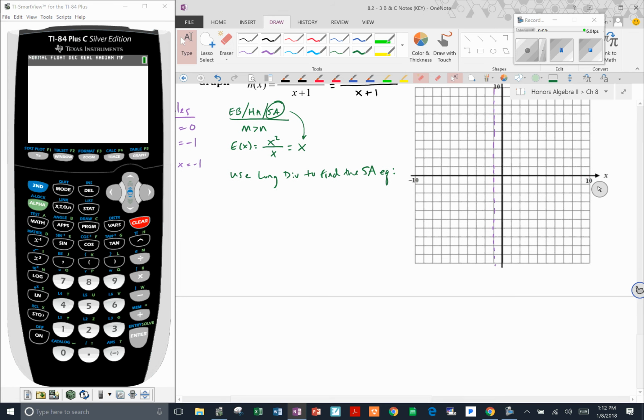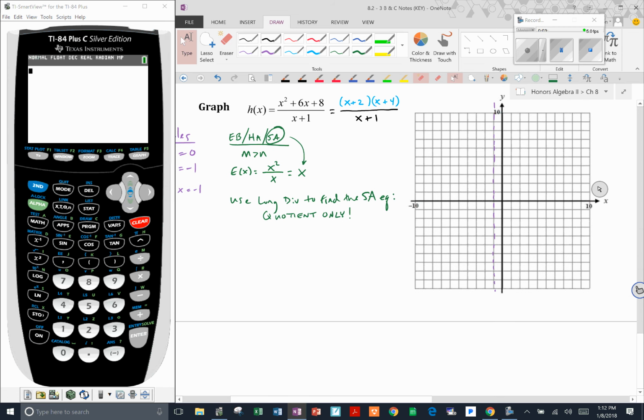Now here's the nice thing. It is the quotient only. We go a little bit more in depth about why it's only the quotient in the next class. For right now, just know that we're going to do some long division, and it's actually going to be pretty easy because you can stop as soon as you are done with your quotient.